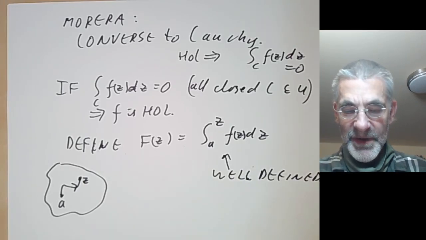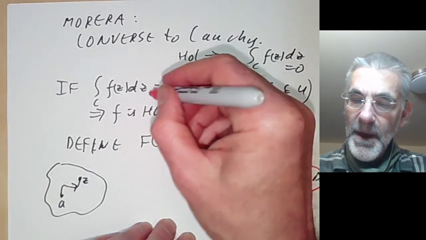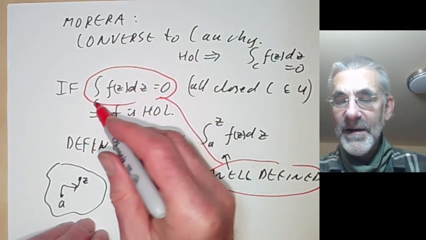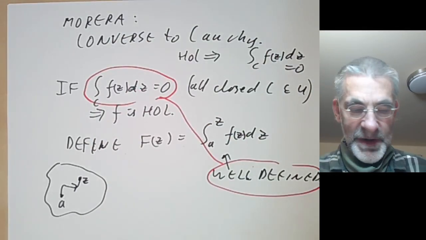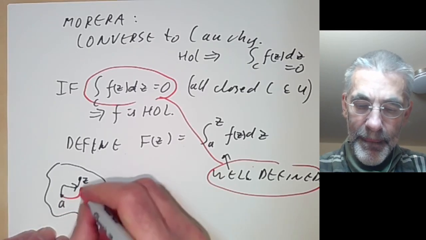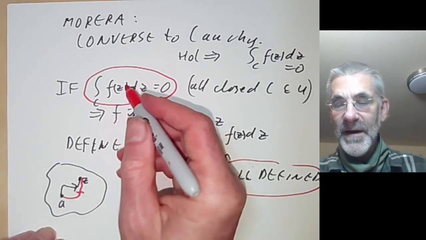The reason it's well defined is because of our assumption that the integral over any closed curve is equal to 0, because if we tried integrating along a different path, we would get the same answer because integrating around the whole of this curve gives 0.